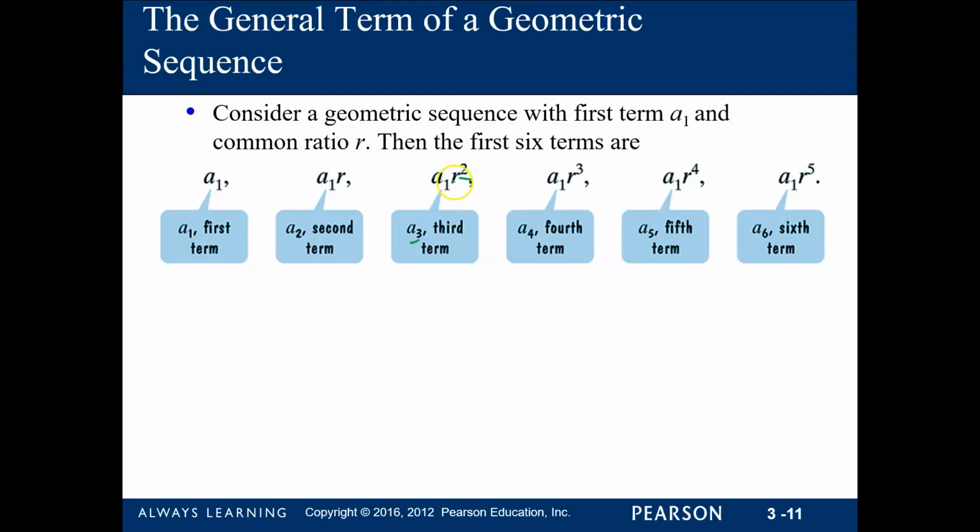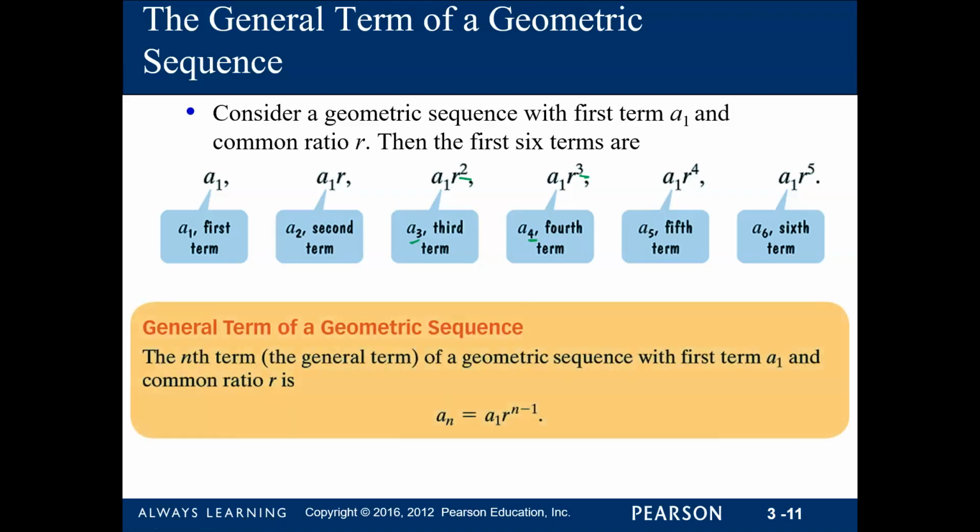You will notice that the exponent is always 1 less than the number of the term you're looking for. And so the general formula for finding any term in a geometric sequence will always be the first term times r raised to n minus 1.